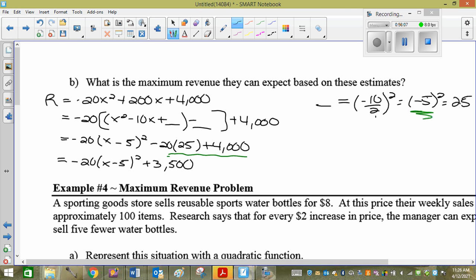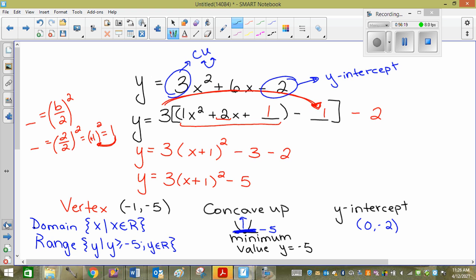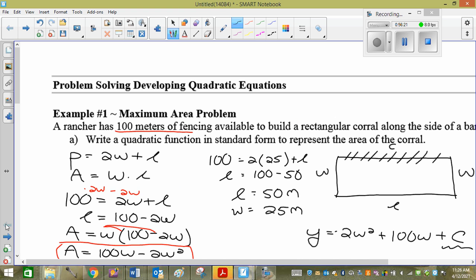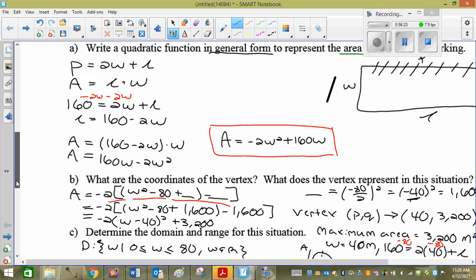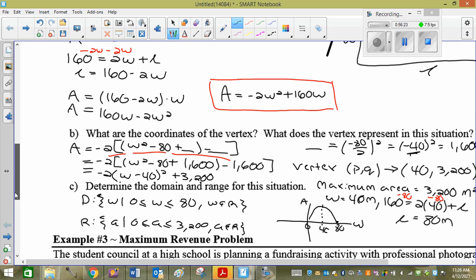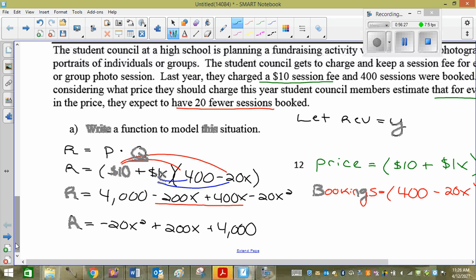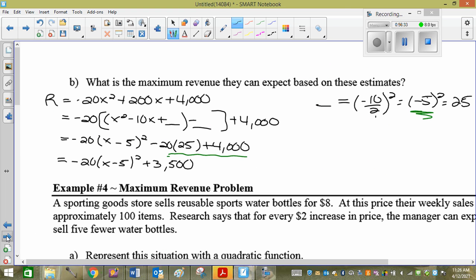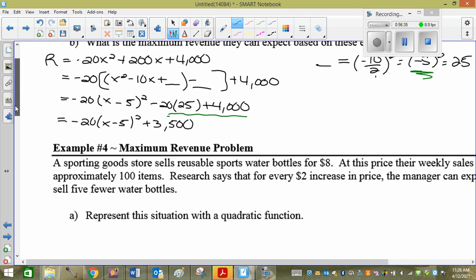Well, we actually know that if this is the equation for revenue, and we have it in vertex form, let's see if we can go back here quickly. We said in the problem originally, let revenue equal y. So our y-axis is our revenue. If we know our maximum point from our vertex equation, then that has to be equal to the maximum revenue, right?